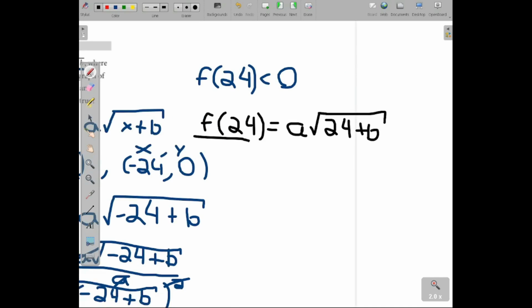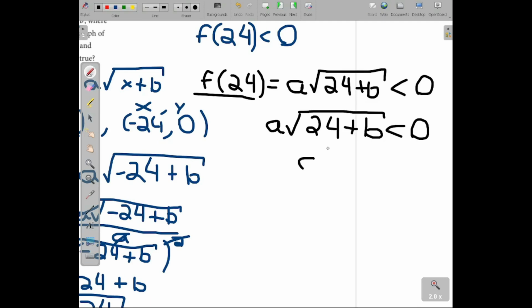And we know that f of 24 has to be less than 0. So a times the square root of 24 plus b needs to be less than 0. Therefore, we can say that a is less than 0.